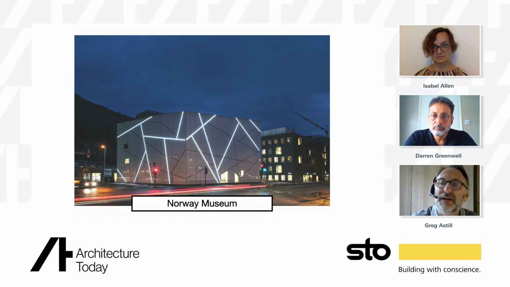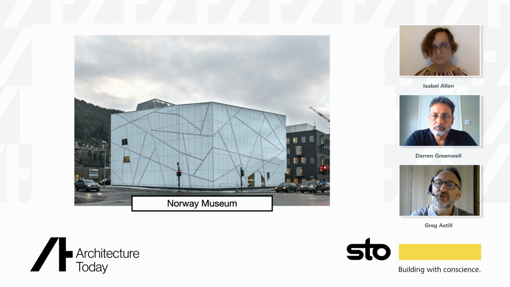If you just flick back, you can see the joints between the glass panels themselves. So whilst the building itself looks quite triangular and the shapes appear quite random, you have quite consistent horizontal lines between all of the different levels of the building, and this makes it easier for us to manufacture the panels to fit, but also incorporate these lighting strips that the architect wanted in their design.